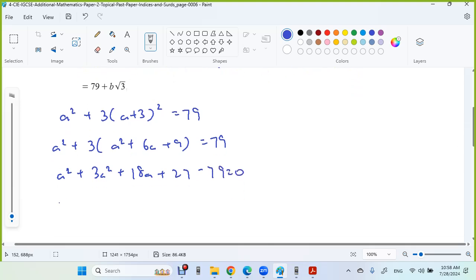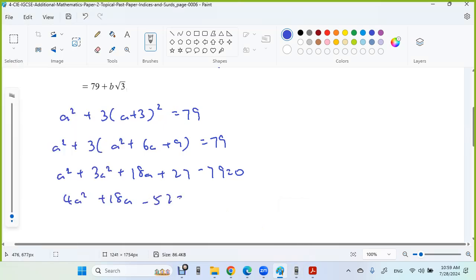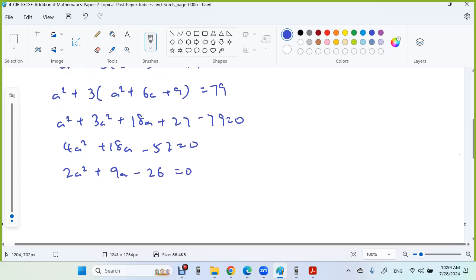Then we will have the 4a square plus 18a, and then we have the 27 minus 79, then it's minus 52 equal to 0. 2a square plus 9a minus 26 equal to 0. Then we do the factorization. 2a plus 13, a minus 2. So a equal to 2, a equal to negative 13 over 2.